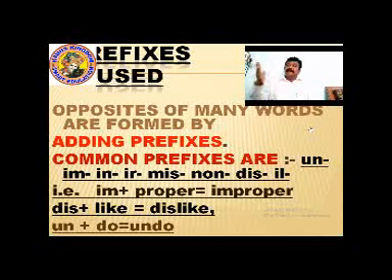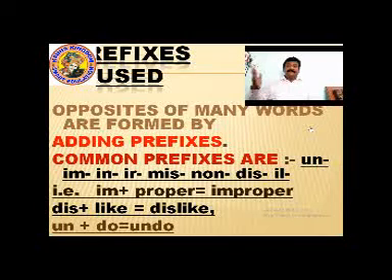It has become improper. Same way, when you say like, we have added DIS. What is this DIS? DIS is a group of letters which is added prior to the root word.